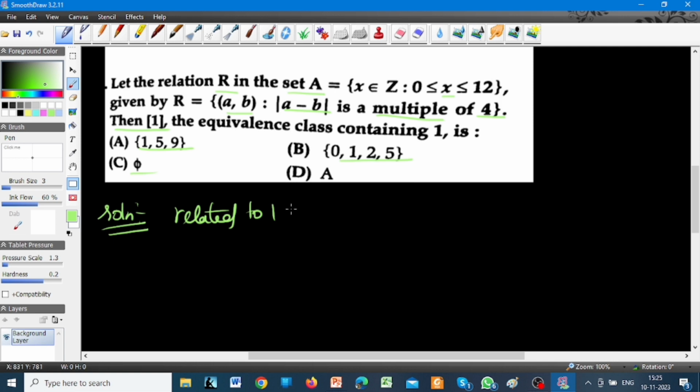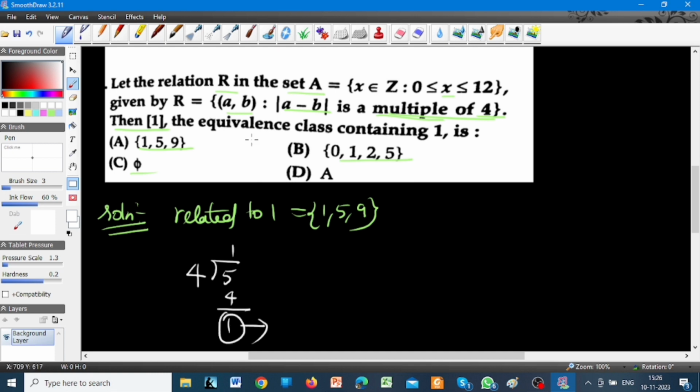Set of all elements related to 1, in the sense that here in the question they have described it as a multiple of 4, which means, how many times does 4 go into 5? Related to 1 only we should consider. So obviously we can try dividing them. We are getting the remainder as 1.